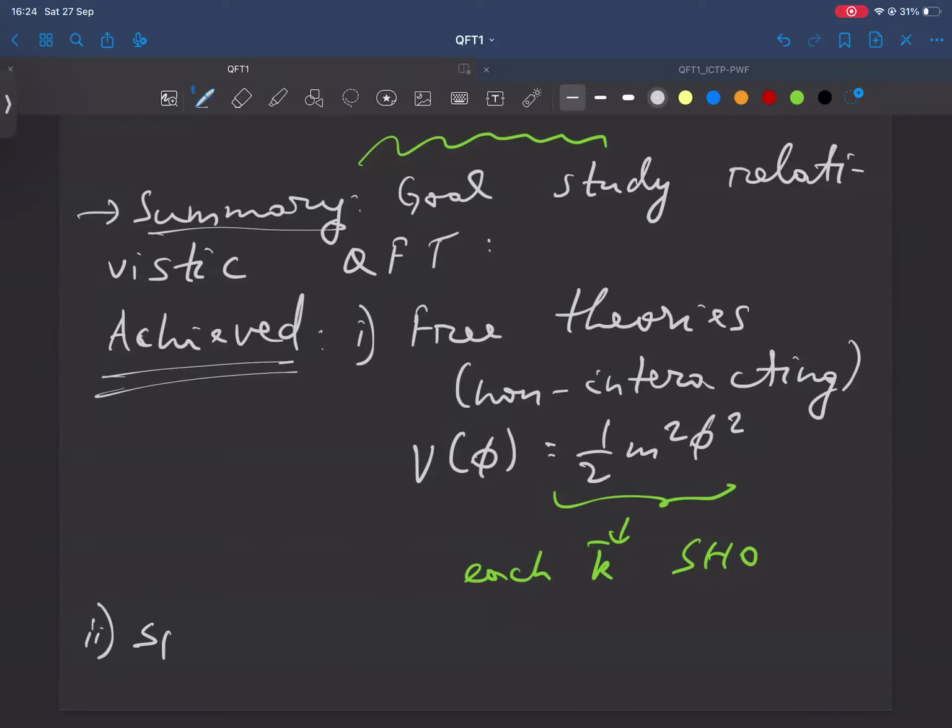And we saw spin 0 and spin half particles. Even though things were non-interacting and essentially free, we could still learn many concepts about QFT: bosons can come together, fermions have to have different quantum numbers, which was Pauli's exclusion principle.